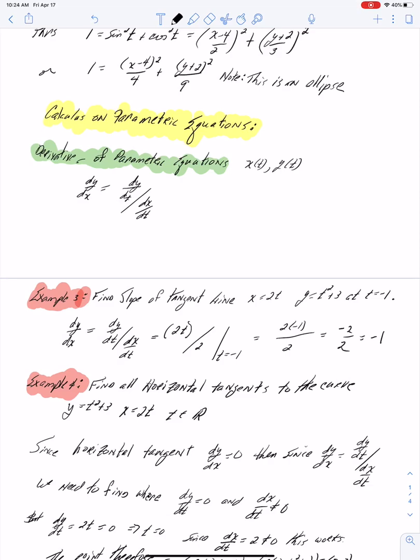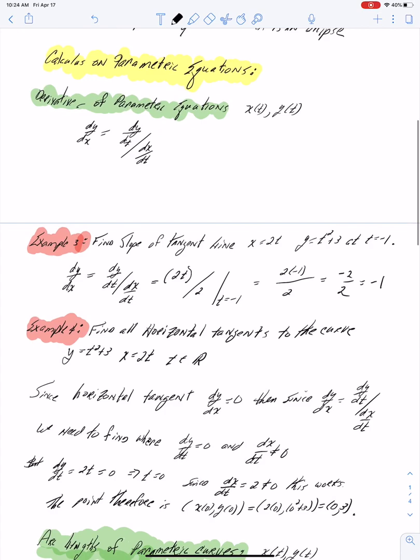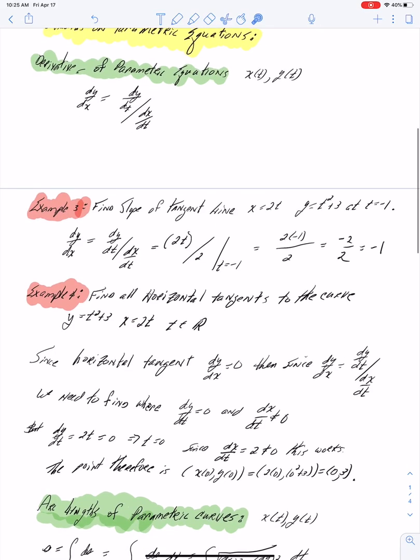All right, now let's look at another example. Find all horizontal tangents to this curve, t squared plus 3 and 2t, same curve as above. All right, so what are horizontal tangents?